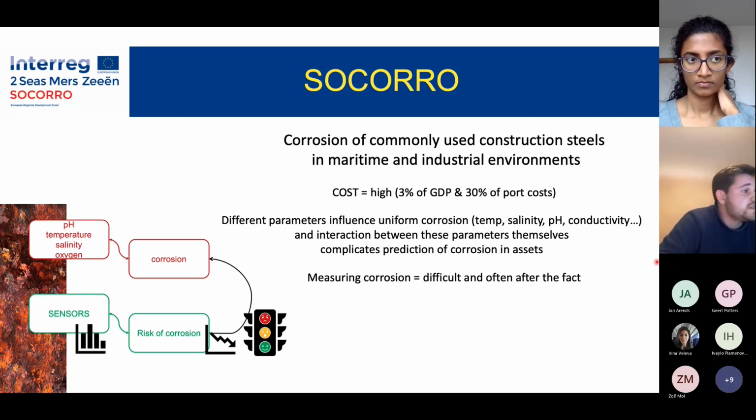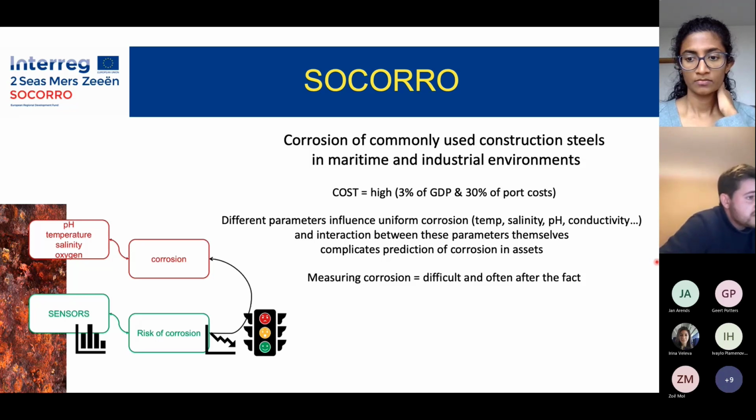The aim of the project is to create a data set with water quality parameters, in this case pH, temperature, salinity, oxygen, and conductivity, and also create a data set on corrosion rates. The aim is to create an artificial intelligence algorithm where you can input water quality parameters, and then the algorithm will calculate risk of corrosion for you.